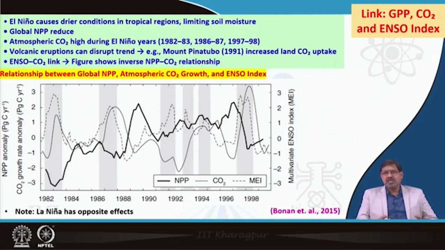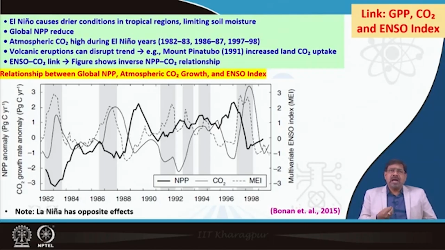If soil moisture is decreased, which is very important in terms of photosynthesis and productivity, the global NPP or net primary productivity reduces. So El Nino gives a drier condition. Drier condition leads to decrease in soil moisture. Decrease in soil moisture leads to decrease in photosynthesis, which in turn leads to reduction in the net primary productivity.